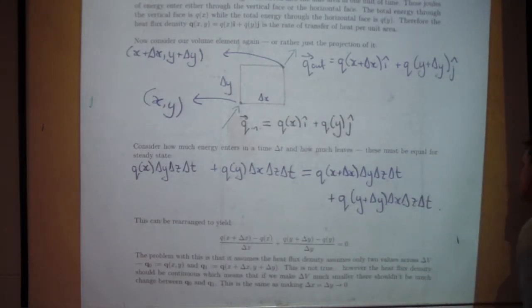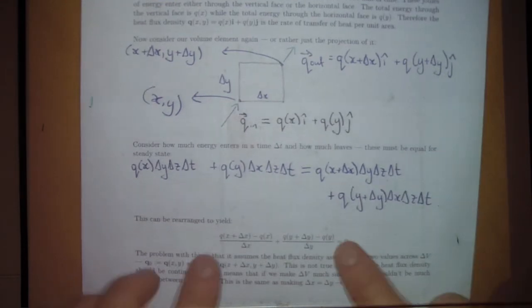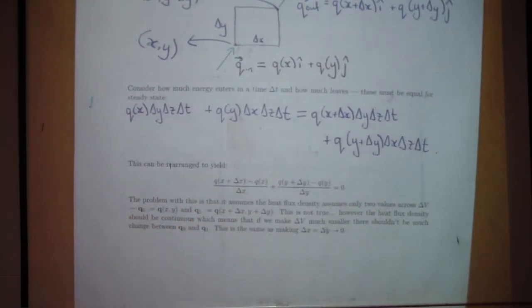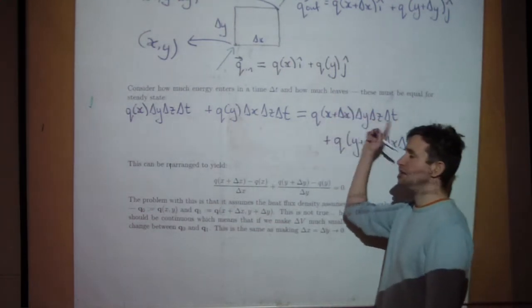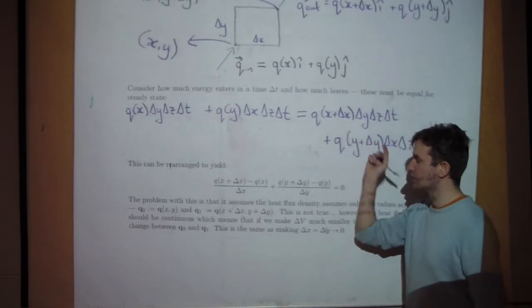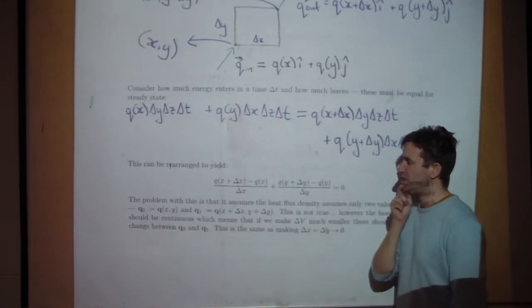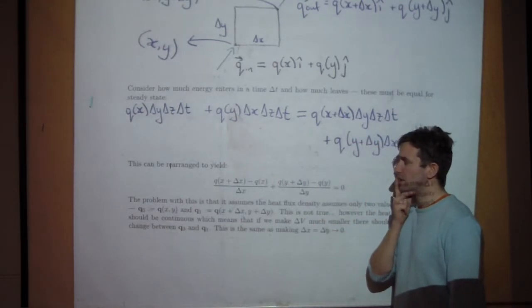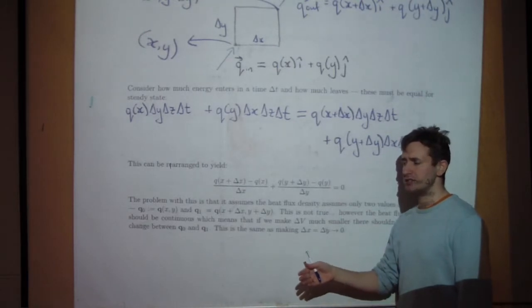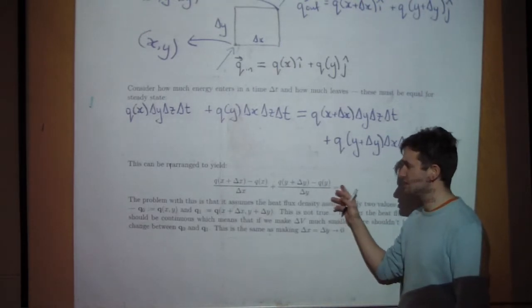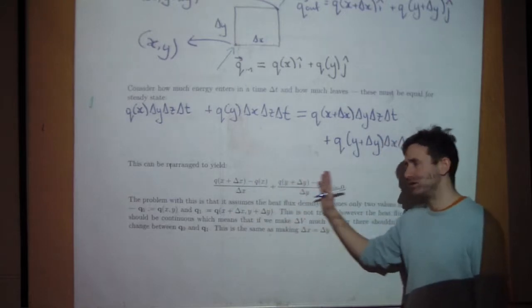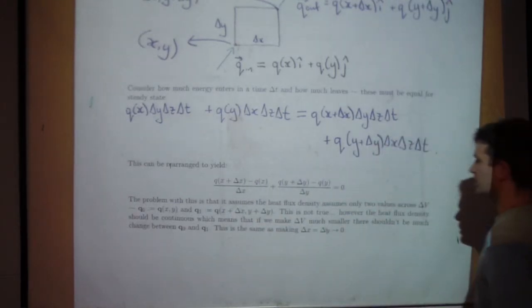So this is an equation that is a consequence of heat energy in equals heat energy out. The heat flux density describes that heat energy in is equal to heat energy out. In other words, this is steady state. Right. What have we got here?